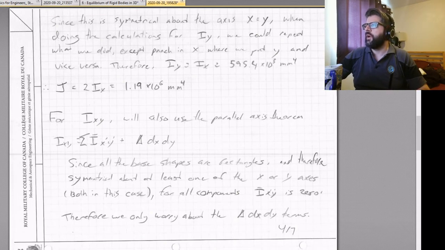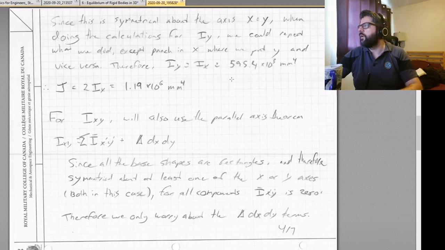So, yeah, we could redo our calculations, but again, this thing is symmetrical about the x equals y axis, so we would get the same value when we punch y in and vice versa.